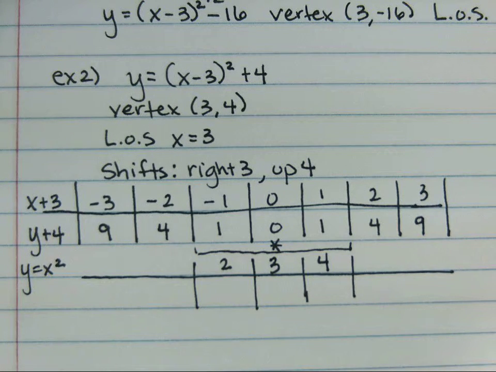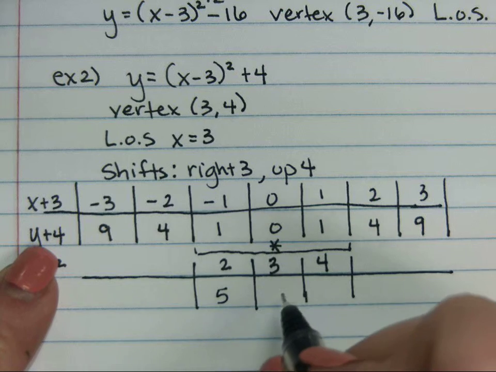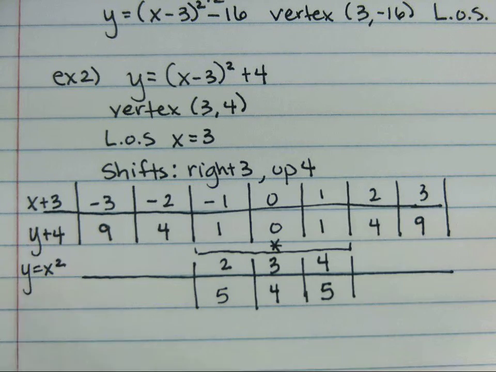I'll hold off on the other ones until I see if I need them. So I'm just going to focus on these right now. And the same thing, -1 plus 4 is 5, 0 plus 4 is 4, and 1 plus 4 is 5 again.